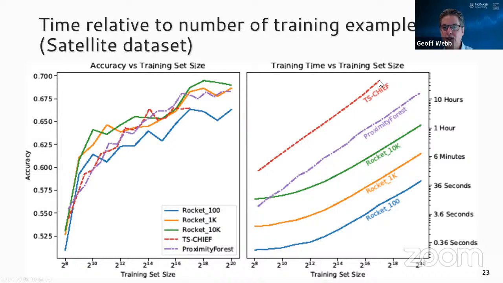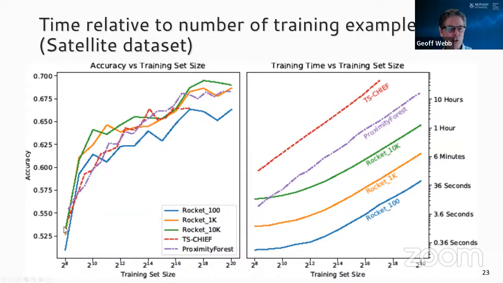And the TS Chief system, which is a more accurate classifier than proximity forest, would require many weeks in order to do this. So we have a much more scalable system. TS Chief is of similar accuracy to the Hivecoat system, which was the previous state-of-the-art in accuracy.